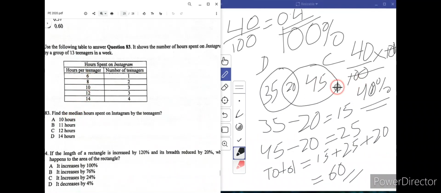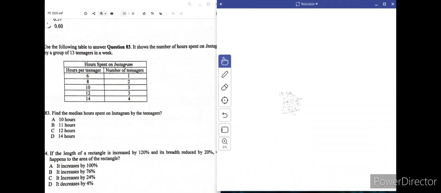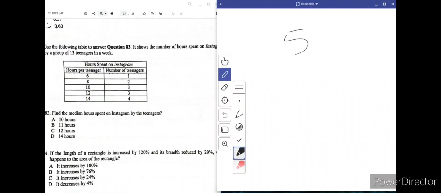In such questions, we first need to find the number of data points, that means how many teenagers there are. So in this case, we have 1, 2, 3, 4 and 5 data points. We have 5 data points, which is an odd number. So if it is an odd number, then the middle one would be the median.